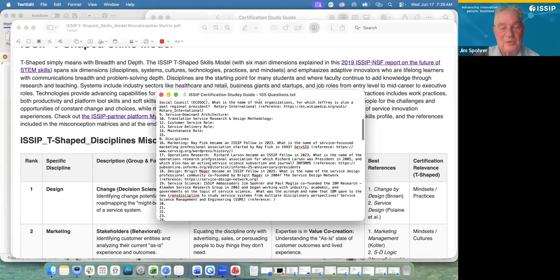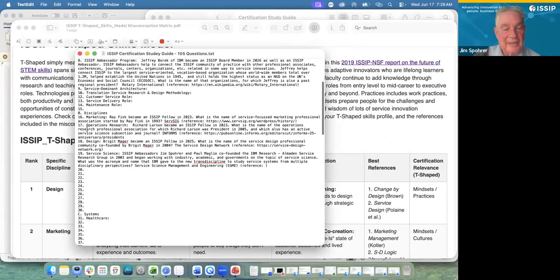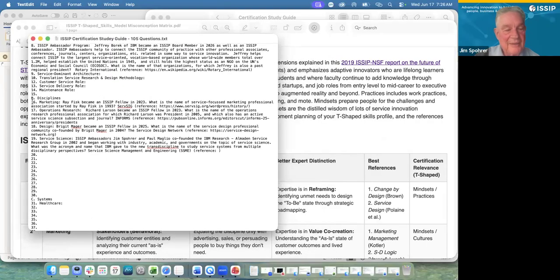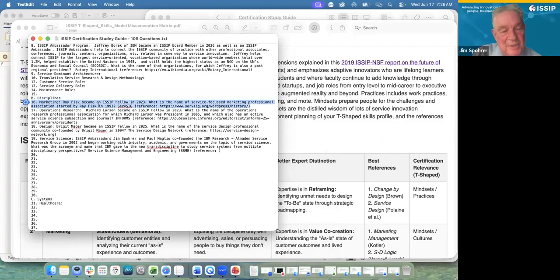I just wanted to share with you one other thing I'm doing. I haven't got it completed yet, but for disciplines, I don't know if you can see this or not, I have here a question. Marketing. Ray Fisk became an ISSIP fellow in 2023.